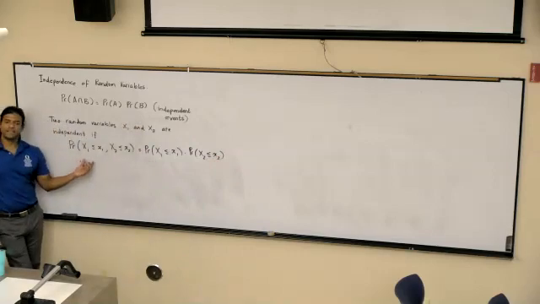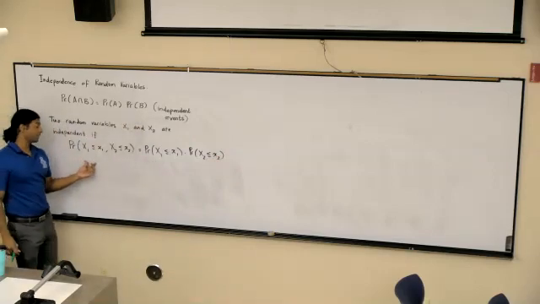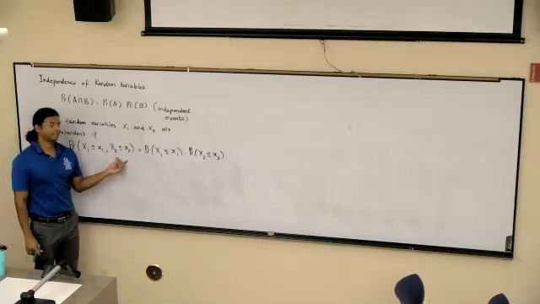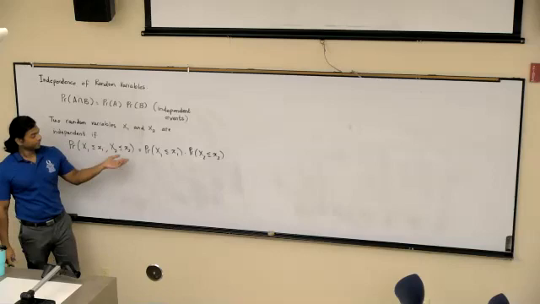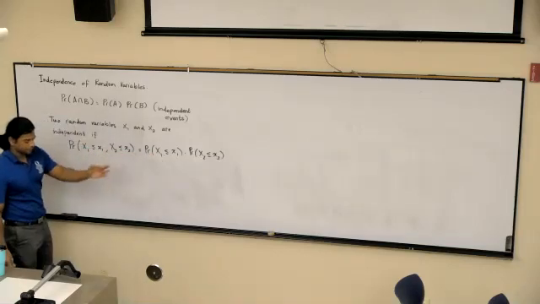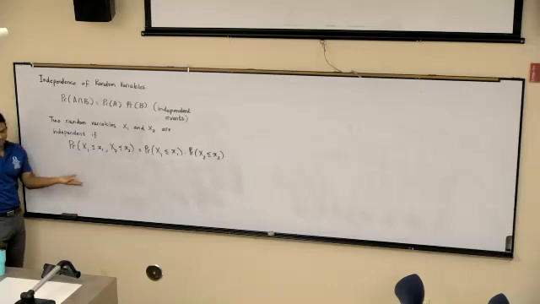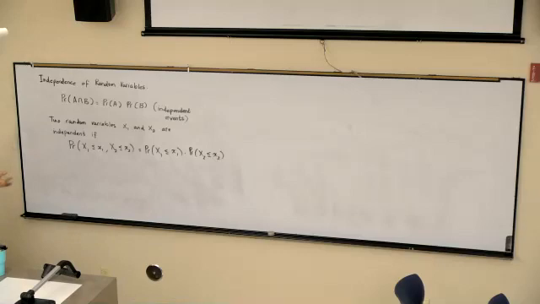So the probability that X1 is less than or equal to little x1, comma, X2 less than or equal to little x2, would be equal to the product of the two probabilities. It's one way of writing it, in terms of the CDF. We can also write it in terms of the PMF.